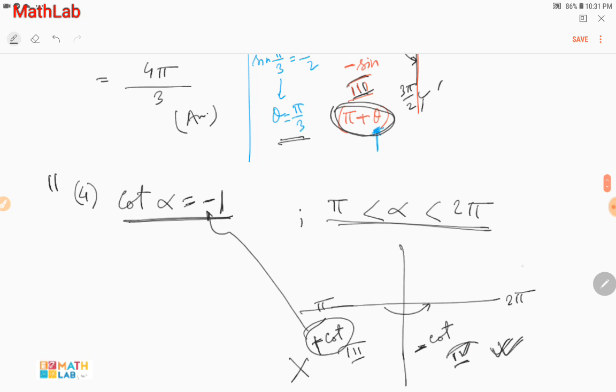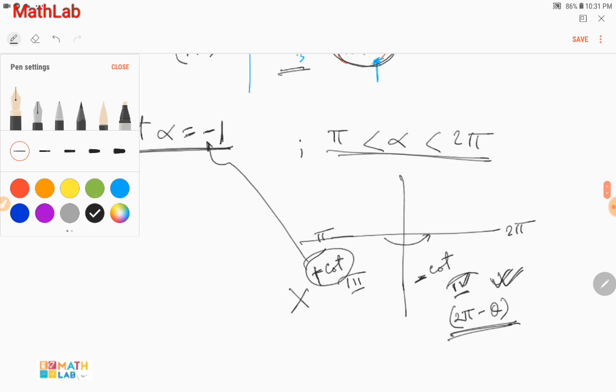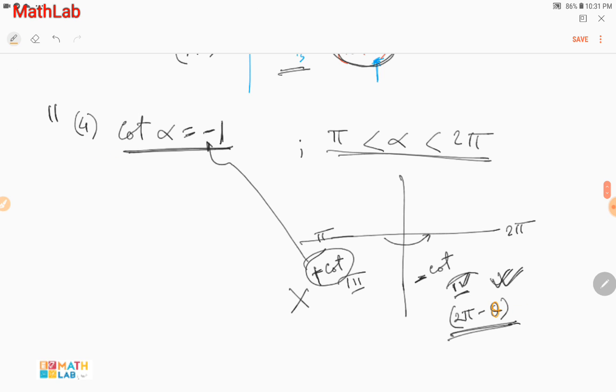In quadrant 4, we already know that our result will be 2 pi minus theta. Now we have to calculate the value of theta. Here is a simple trick. We take the positive value 1.